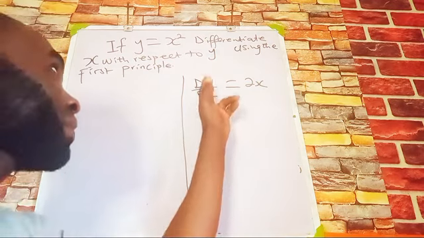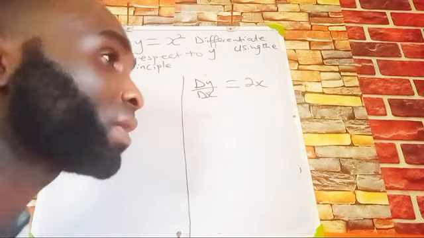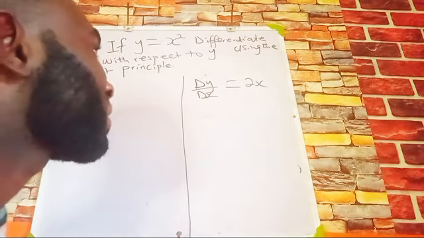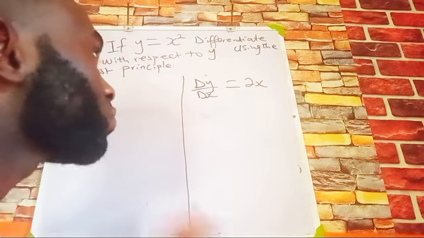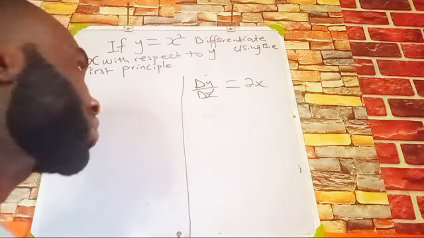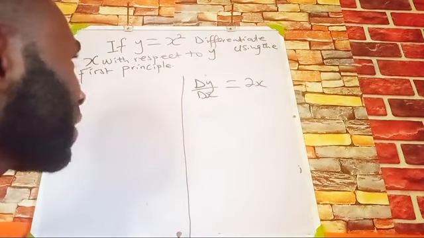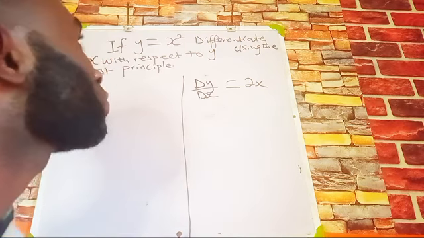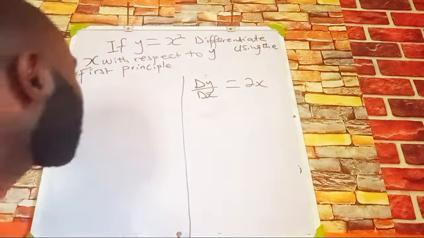I'll prove to you why it is 2x using first principle, so that in any exam, assuming you are solving an objective question, you don't need to go all this long way trying to prove. You just use a short formula, which at the end of the class I'm going to drop. But here we are going to differentiate using the first principle. So let's start.